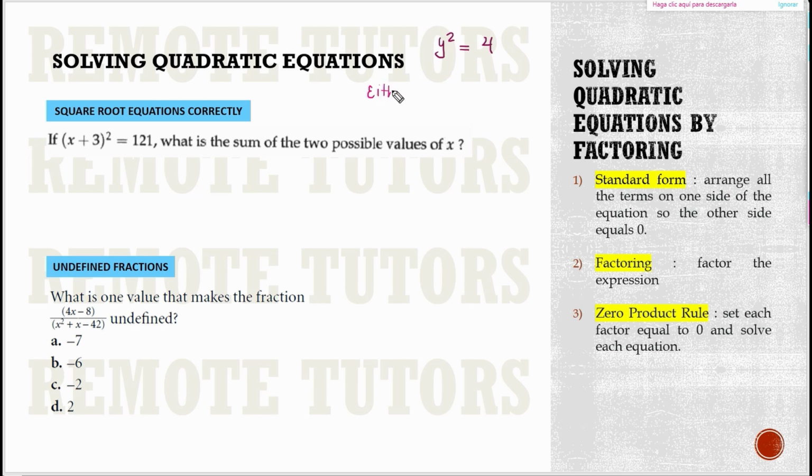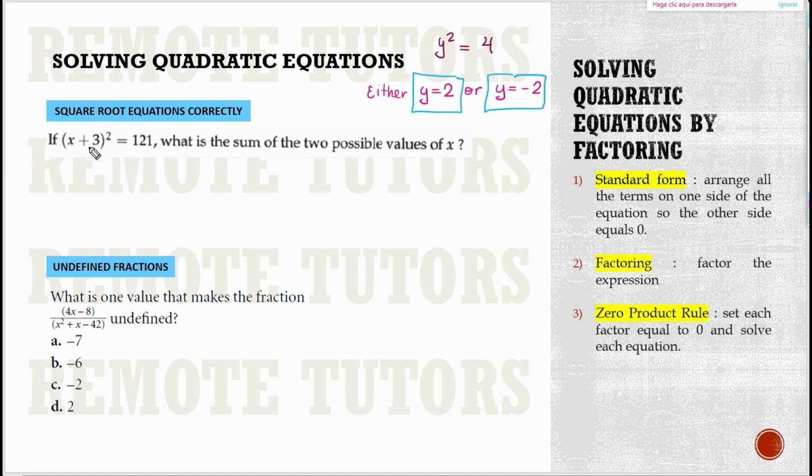Either y gives 2 or y gives negative 2. Okay, so these are the two possible answers, because 2 to the power of 2 gives 4, and also minus 2 to the power of 2 gives 4. So don't forget to consider both solutions.